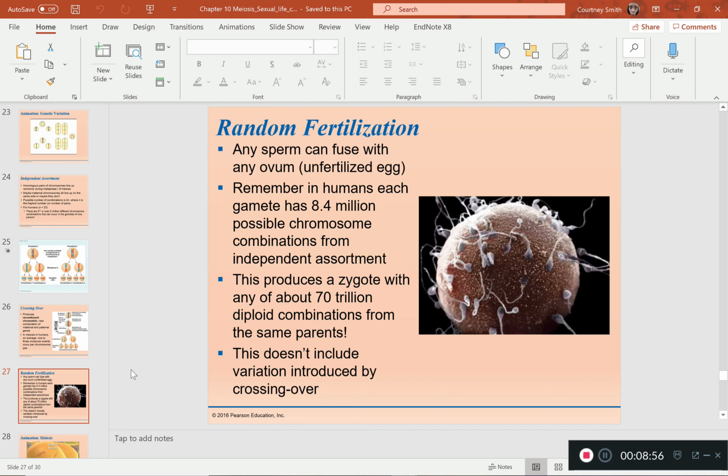Sometimes they even release more than one egg, depending on the woman, or sometimes they don't release an egg at all. But on average, let's just say a woman releases about 3 eggs every ovulation cycle. So it is complete chance as to which egg will get sperm in it first, and also complete chance as to which sperm will actually penetrate the egg first. That is where random fertilization is taking place.